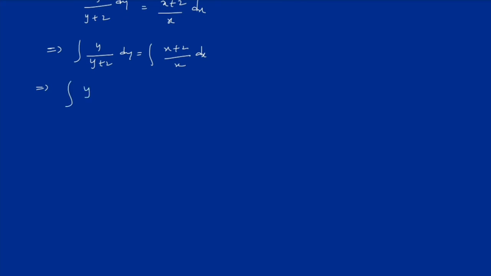It is y plus 2 minus 2 by y plus 2 into dy, which equals the integration of this term, which can be written as 1 plus 2 by x into dx, plus a constant term.